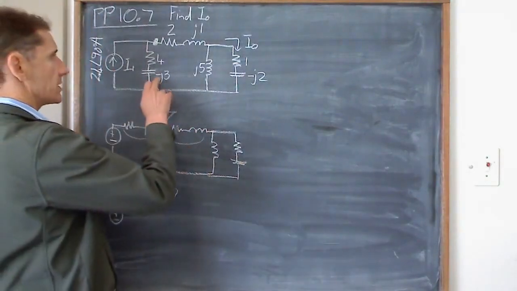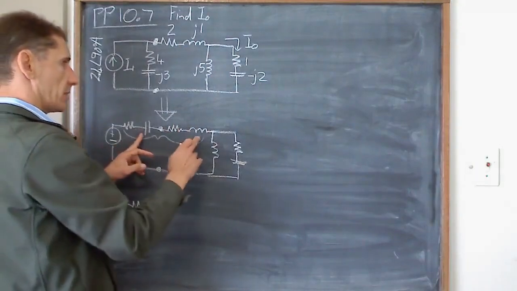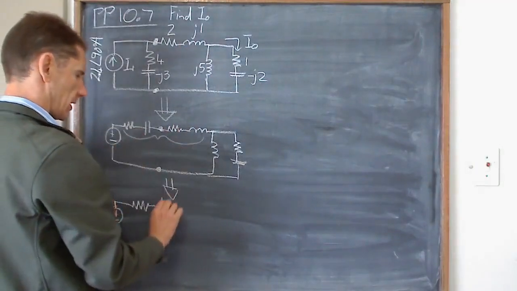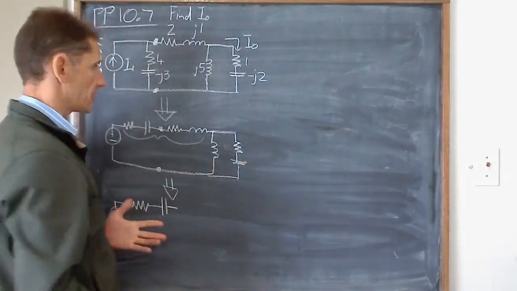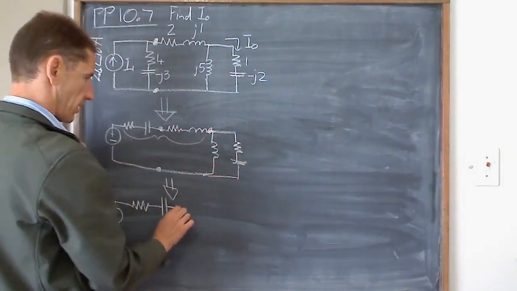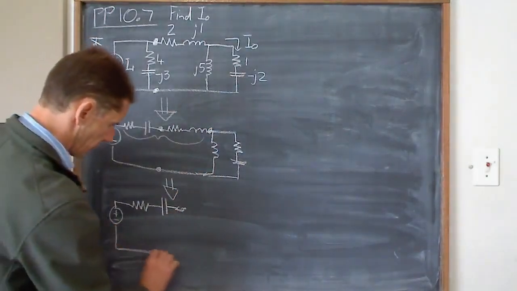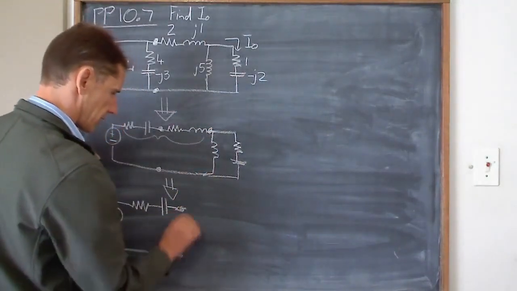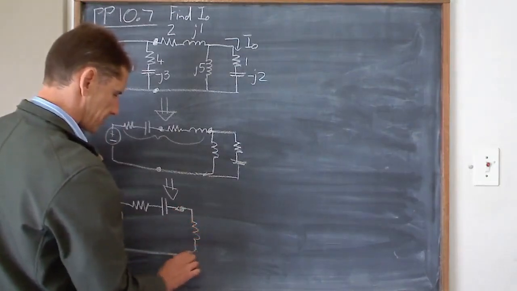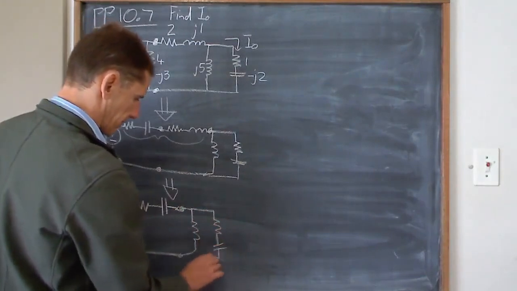Well, I've got minus j3 and I've got plus j1. So I'm going to get minus j3 plus j1, so it's going to end up a capacitor, minus j2. So I'm going to draw that as a capacitor. Now I'm simplifying between those two terminals. Then I am left with a circuit, still the inductor, and then still that resistor and that capacitor.